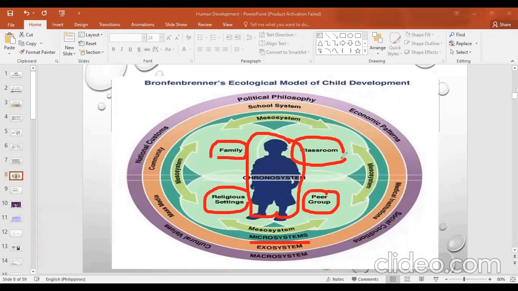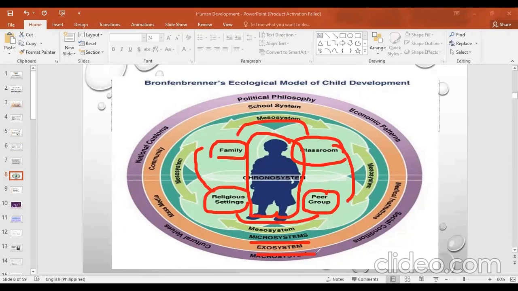Next, we talk about the mesosystem. In mesosystem naman, sabi natin, combination of 2 or more microsystems. So it can be family and classroom, classroom and peer group and religious settings, or religious settings and family. Or pwede rin sila magkapalit-palit. Okay? Next, isa din sa nakaka-affect sa human development na meron tayo, we have exosystem.